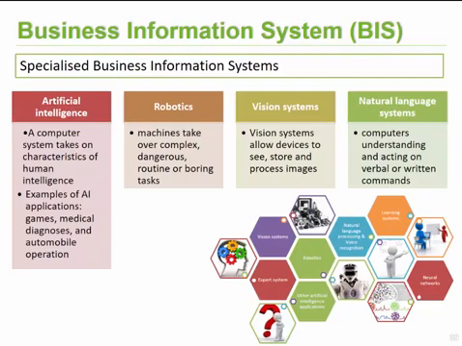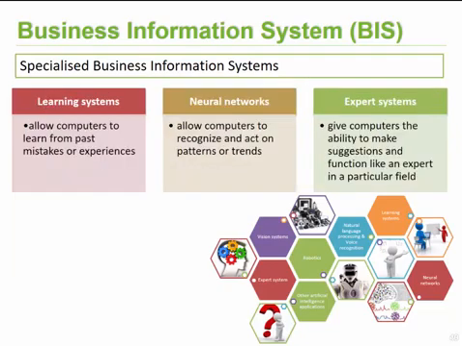Then we have vision systems. Vision systems have the ability to see images or objects, recognize objects, and then make decisions based upon what they see. Natural language systems have the ability to recognize what we tell them as well as what we write down, so they will recognize all those different patterns and again perform certain commands.